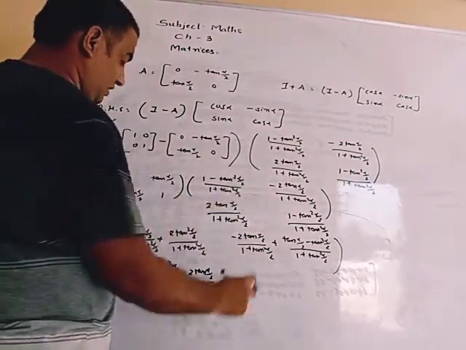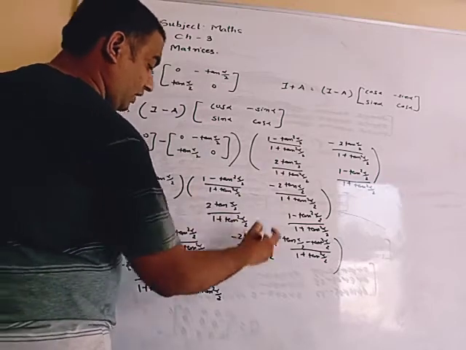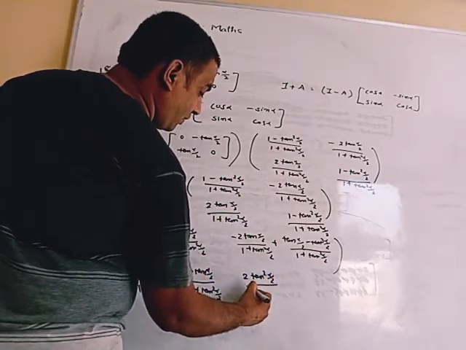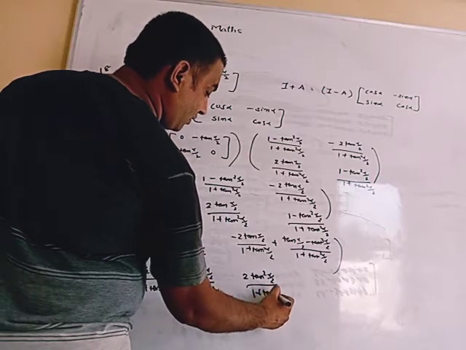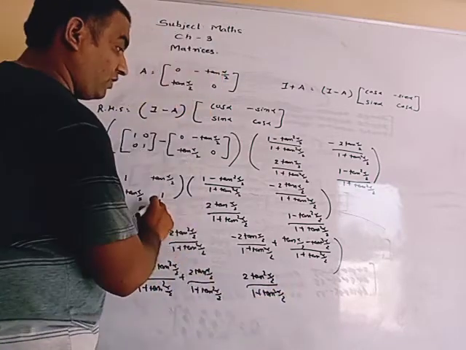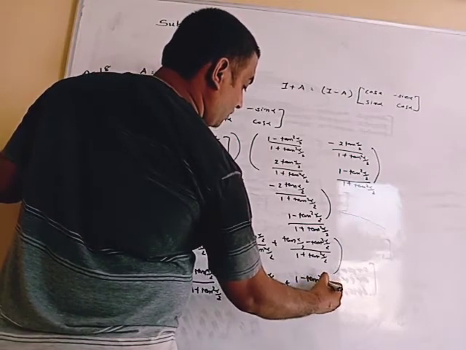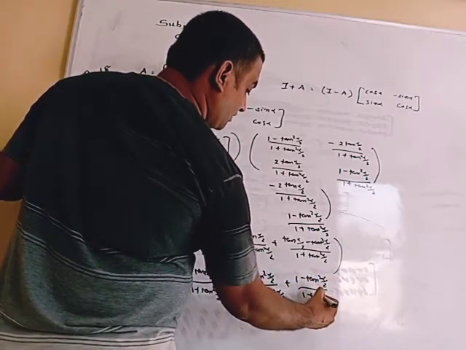Second row multiplied with the second column: minus into minus is plus, so 2 tan square alpha by 2 upon 1 plus tan square alpha by 2, and 1 into this, so plus 1 minus tan square alpha by 2 upon 1 plus tan square alpha by 2.